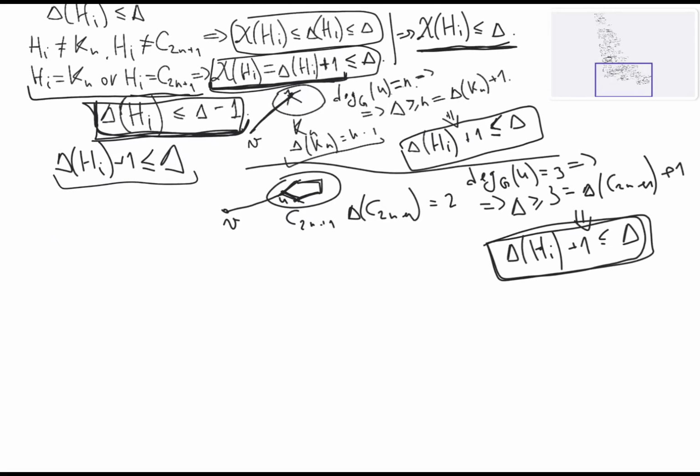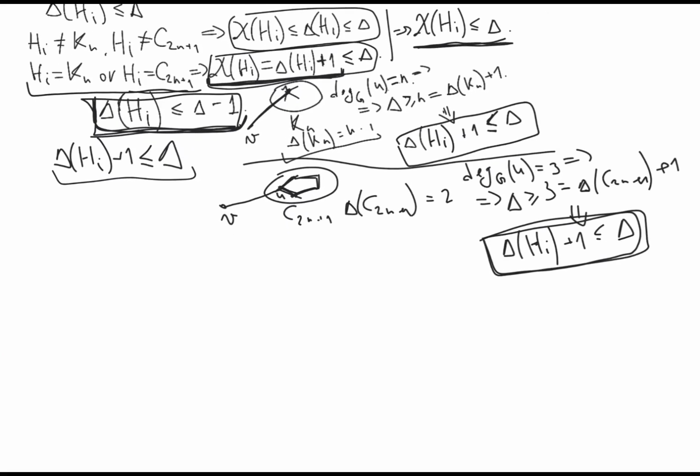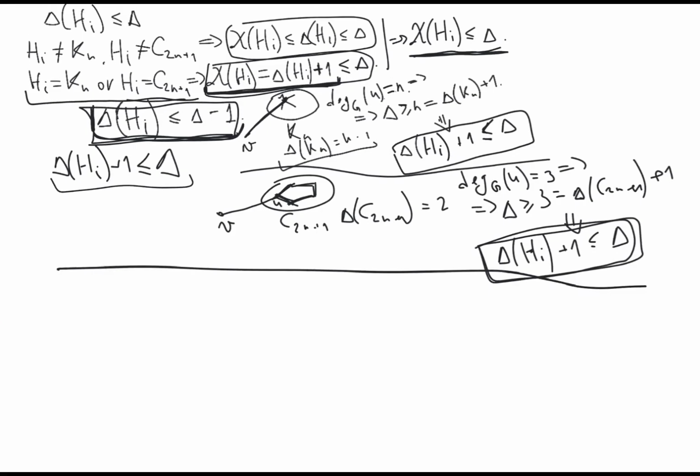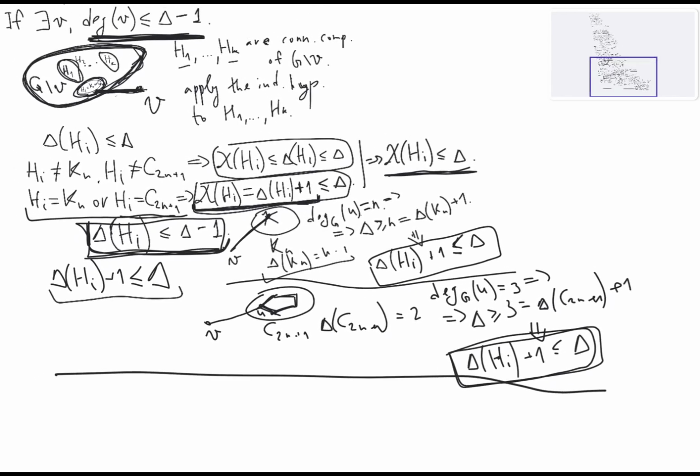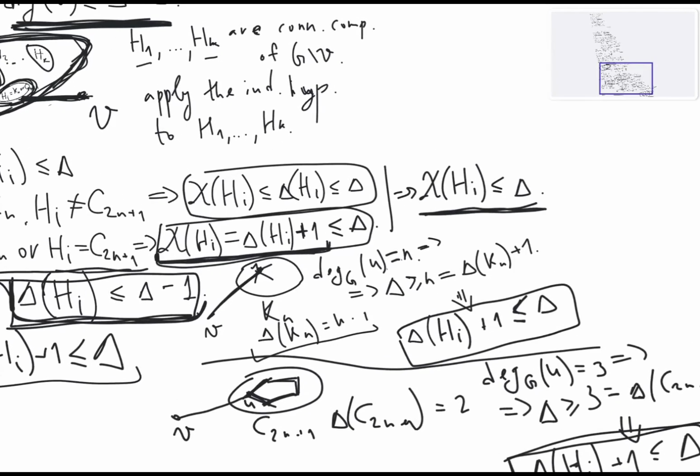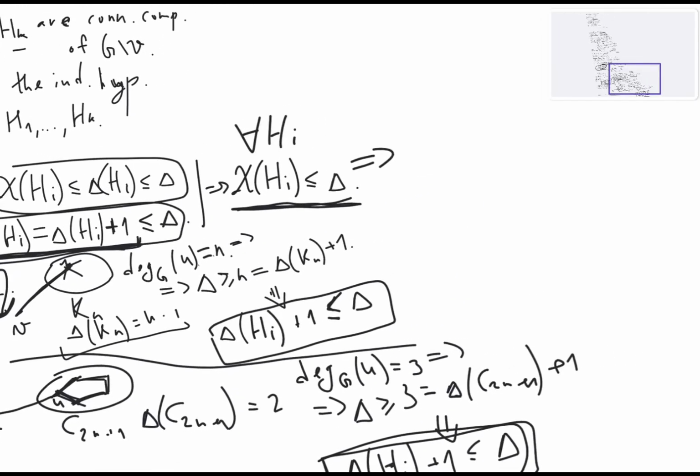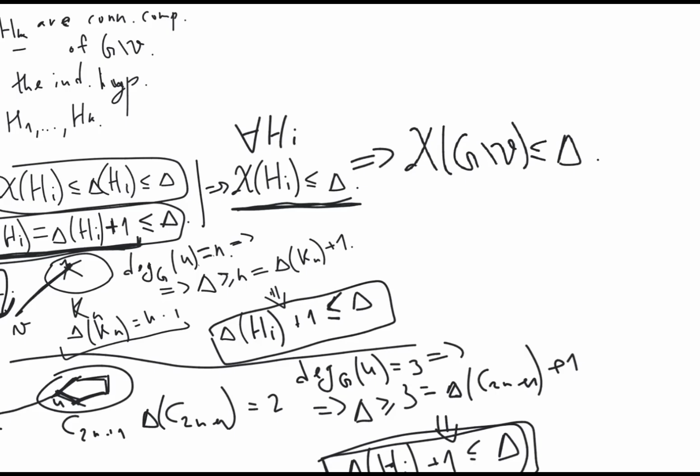So now basically we proved that, because this holds for any connected component hi, it follows that the he of the whole graph g minus v is less or equal than delta, because the colorings of the connected components we merge together into a coloring of the whole g minus v graph, right?